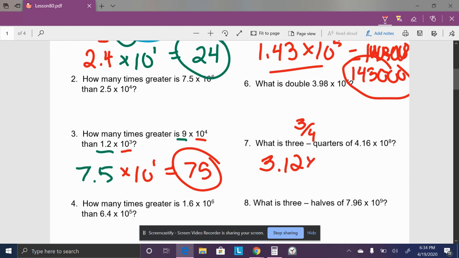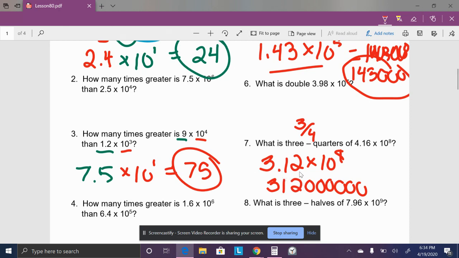Leave the times 10 to the 8th. We're moving the decimal spot over 8 spots to the right, so we're left with 3, 1, 2, and 6 zeros, because we already moved it over 2 spots with the 1, 2, and then 6 more will get you 8.